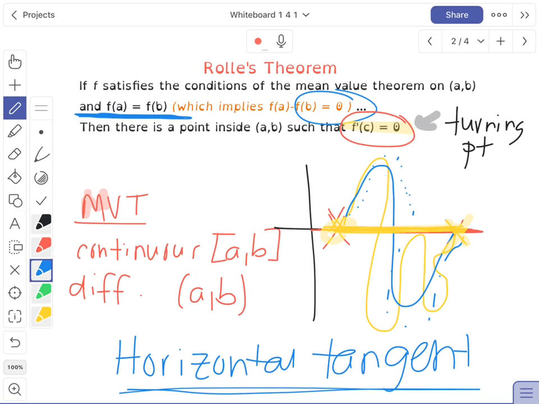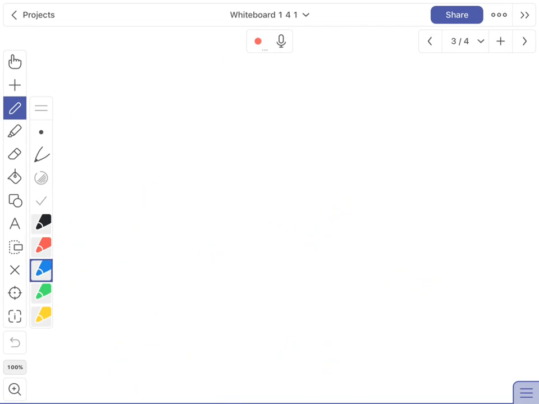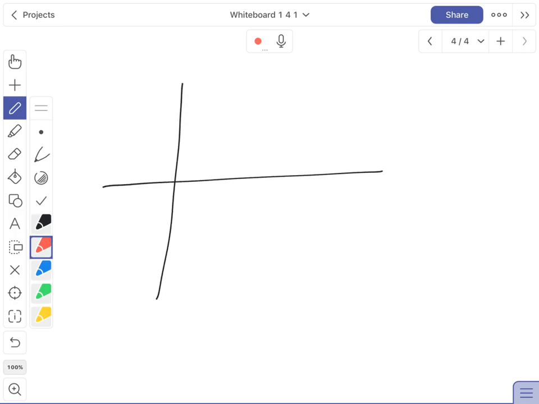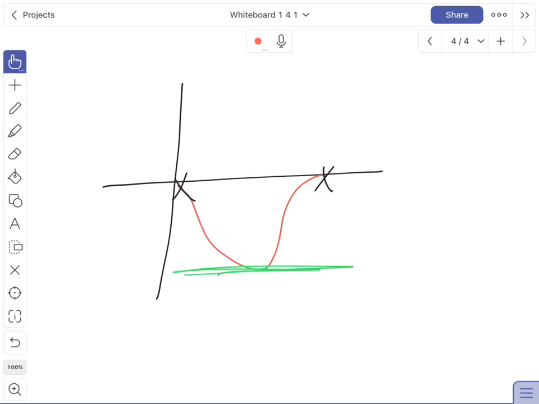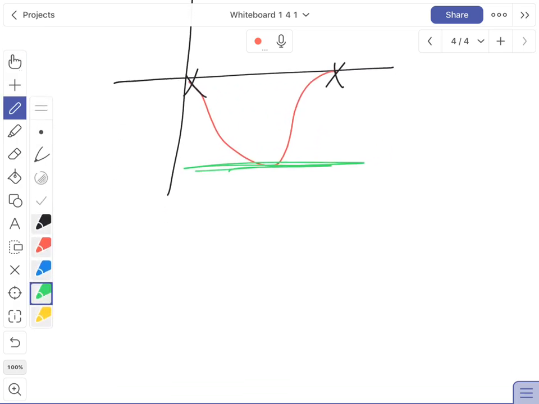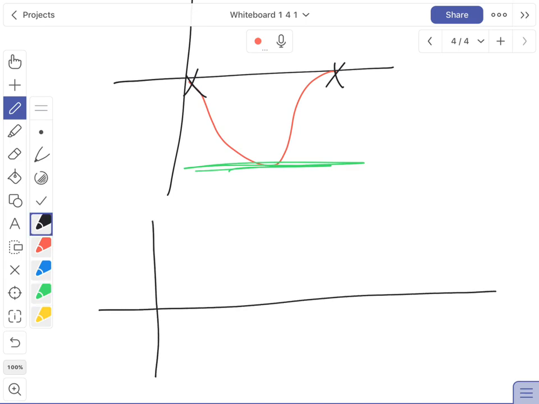But again, just as we see over here on these graphs, if I make just a few more, no matter how that happens, you'll find somewhere. So like here, the x value is 0, and here the x value is 0. So there's probably a horizontal tangent like right there. If I draw another one, there's a lot of different ways this could happen. And same thing with the mean value theorem, it might not tell us how many of those points exist.